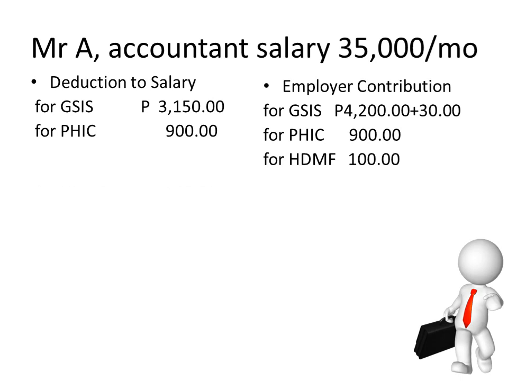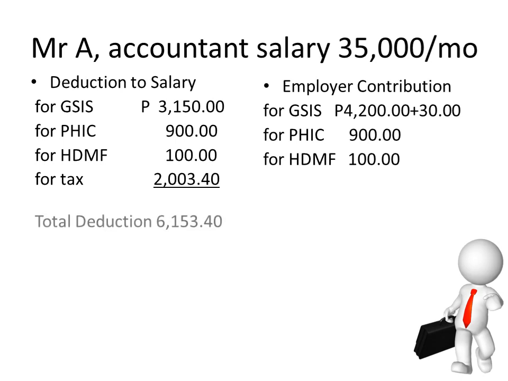Okay, PhilHealth will just be the same. PagIBIG is the same. So for tax, since the deduction is a bit higher, then the tax would be a bit lower. Take note, tax and the deductions are inversely proportional. So our tax is only 2,003.40. Okay, because if you deduct all this, you would have a lesser amount for tax purposes.